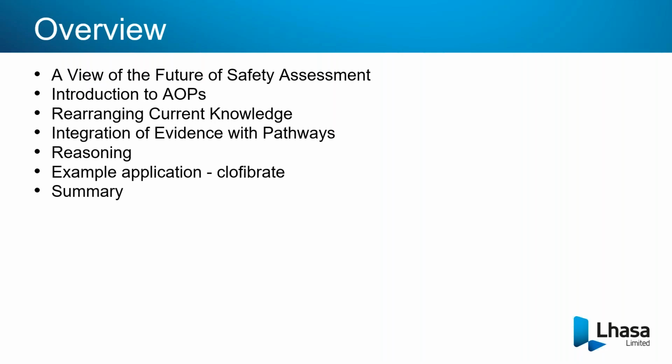And then we've looked to our current in-house knowledge and using that in a different way to form our AOP network. And then look at how we can link evidence to our framework and discuss how this can be combined to give a potential prediction, or an assessment to help support your further assessments, and then talk you through an example and potential use case.